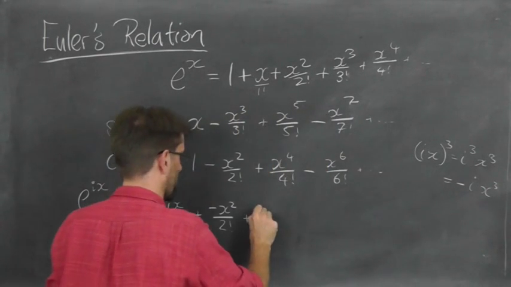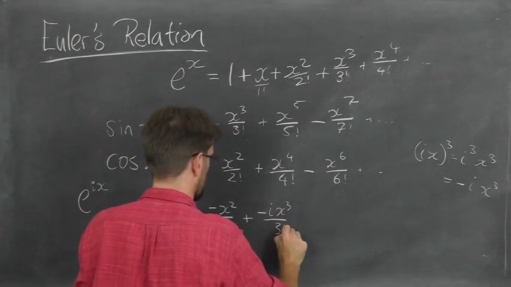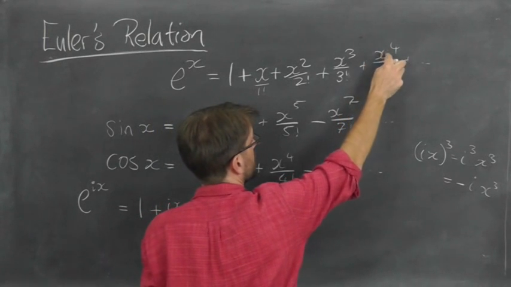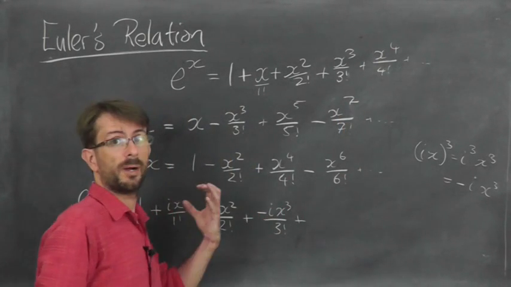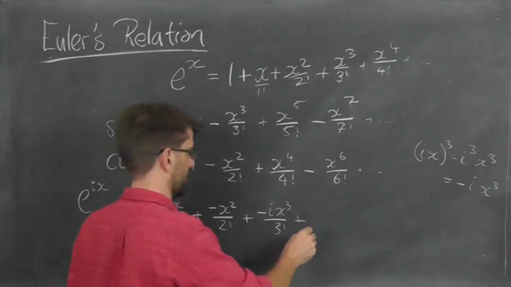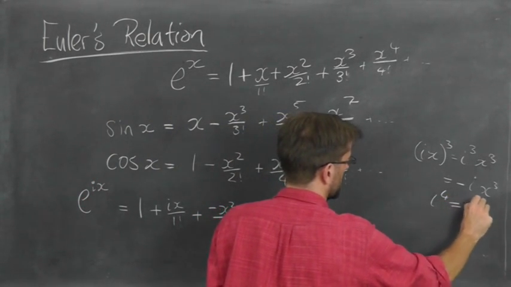So here we get minus i x cubed over 3 factorial. Then we get plus i times x all to the power 4. i to the power 4 is equal to 1 because it's i squared squared, so it's minus 1 squared. So we get i to the 4 is equal to plus 1.